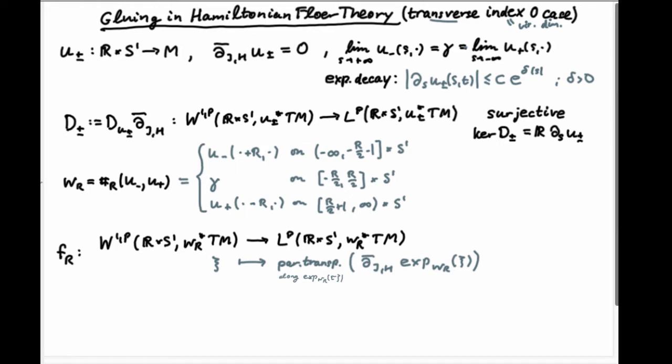And when I say that this is somehow an isolated broken trajectory, well, isolated and transverse, I guess, what I mean is that the linearized operator for both of them is surjective and has only a one-dimensional kernel that comes directly from the R action by shifts.